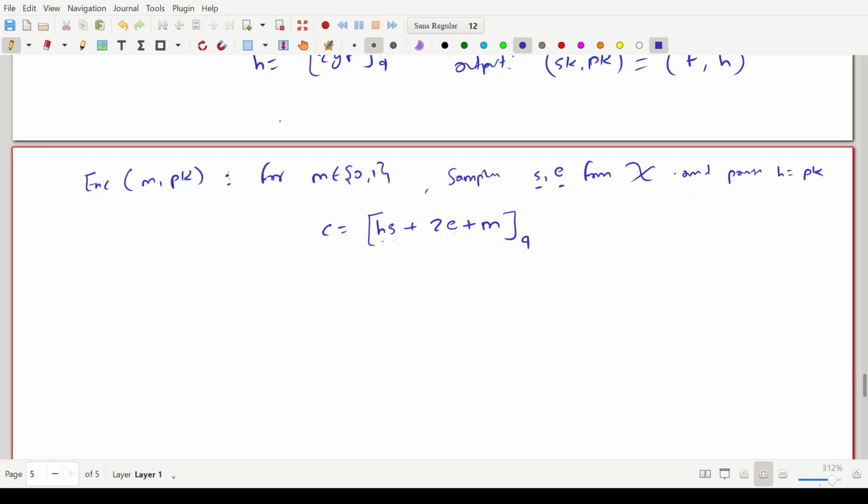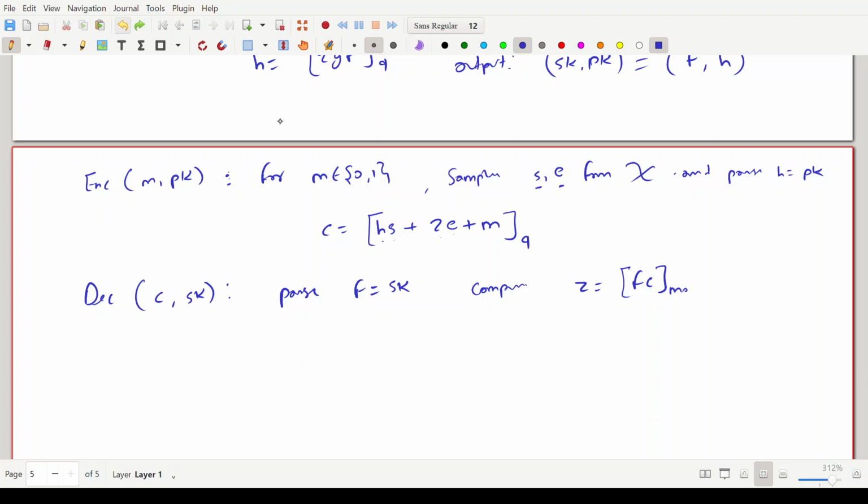Decryption is very easy. For decryption, I am going to use my secret key. So the ciphertext and your secret key are the input for decryption. First, parse f, which is your secret key, and compute z equal to f into c modulo q.